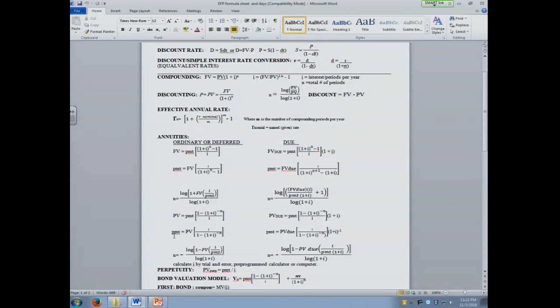These last 3 formulas are present value. This is the formula when we're given payment, we're looking for a present value. Here, we're looking for the payment given the present value. And the last formula, the number of payments, you use this formula when given present value. So these last 3 have to do with present value.